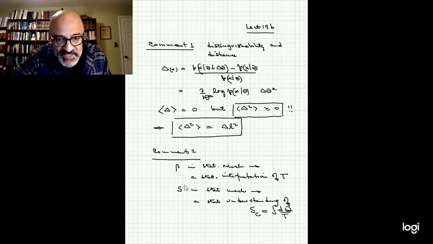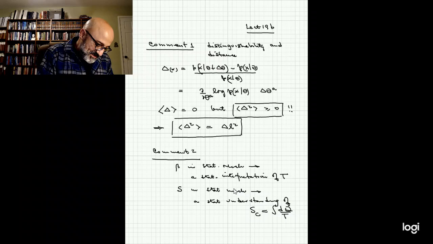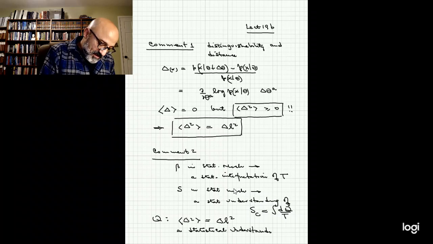You understand things deeper when you do the statistical mechanics approach. So now this is the big question. When we say something like this, can this give us a statistical understanding of distance?